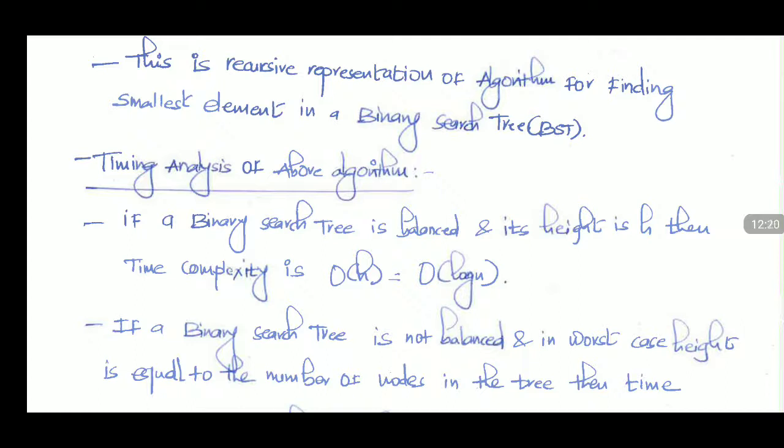Based upon this, the complexity of searching for the smallest element in a complete or balanced binary search tree is big O of h. But the height of a binary search tree is based upon n, the number of elements we supplied, so the complexity is going to become big O of log n.